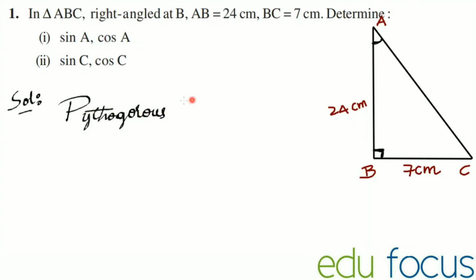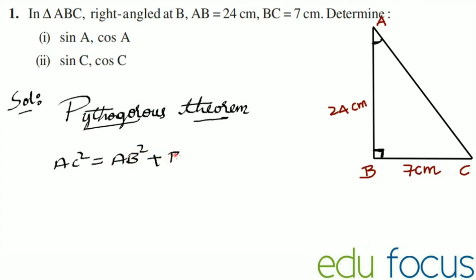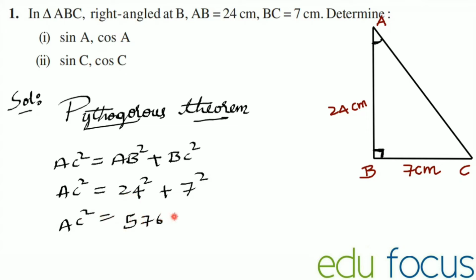According to Pythagoras theorem, AC square is equal to AB square plus BC square. We don't know AC, so I will write AC square as it is. AB square is 24 square plus BC square is 7 square. 24 square is 576 plus 7 square is 49.